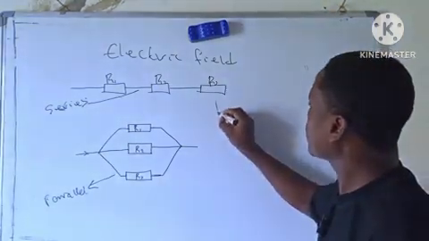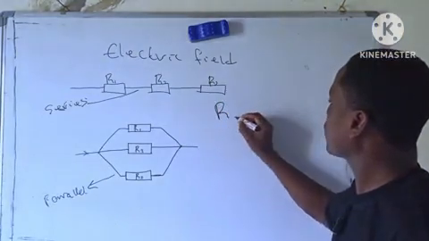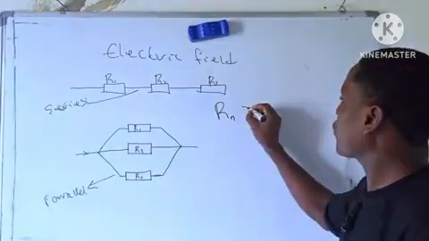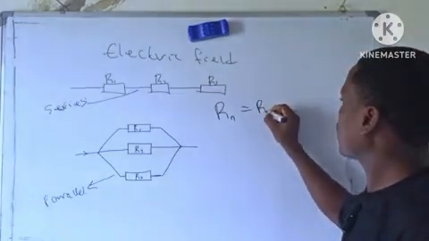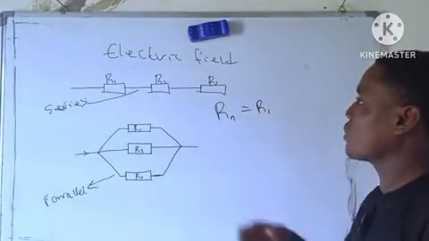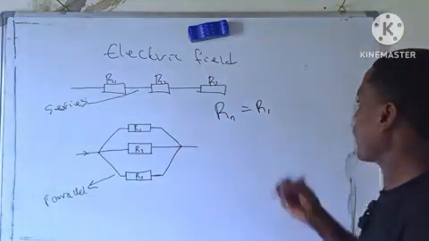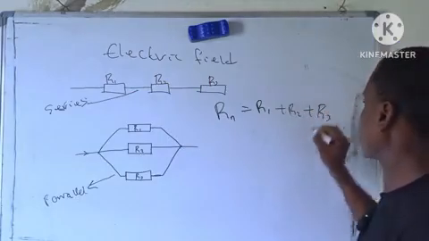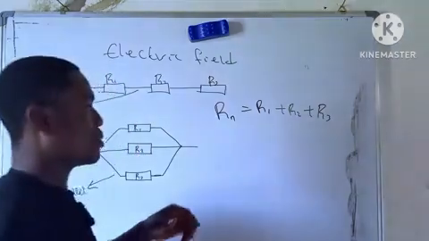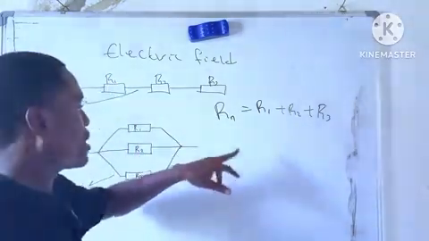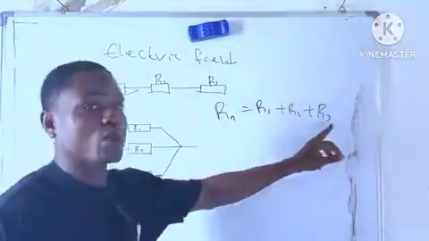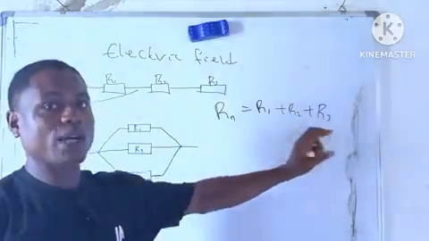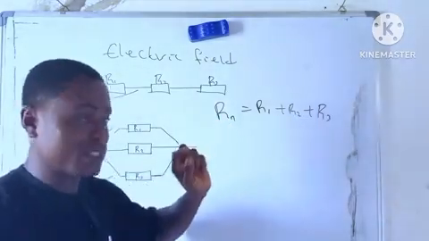The equivalent resistance, you can put either R or n here, R equal to, we have three resistors, 1, 2, 3, so R1 plus R2 plus R3. Let me come here so you see it clearly. So this connection is in series connection. This is how to calculate questions under series.